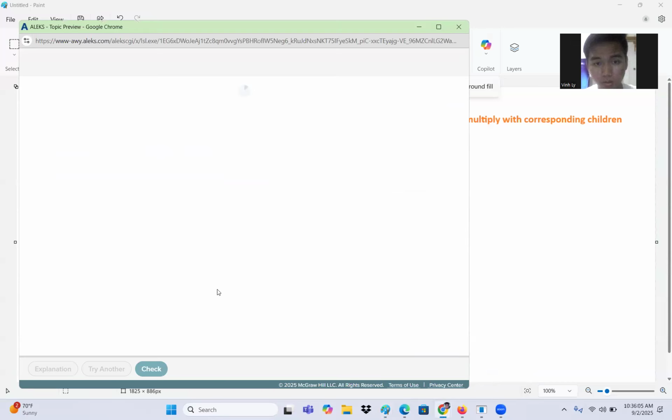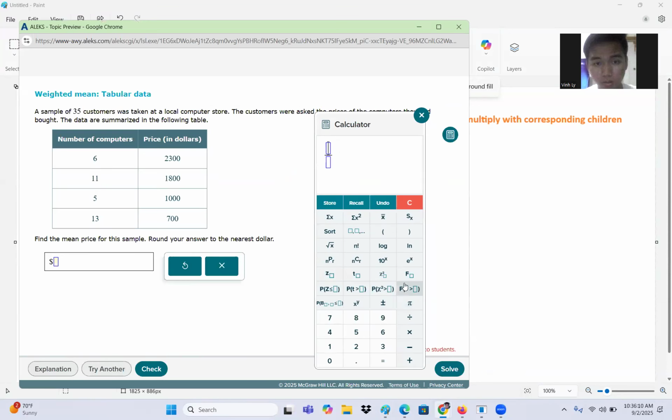You can try another one, but you have to hit divide first if you don't want to get it wrong. And then we take 6 computers times 2300, plus 11 times 1800, plus 5 times 1000, plus 13 times 700.